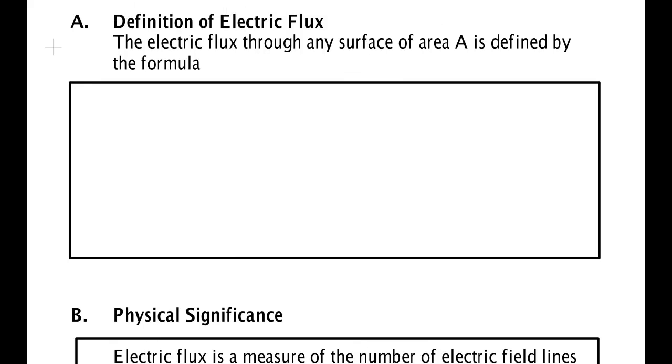It's very similar to the definition we just saw for water flux. The definition, and I'll put an E to remind us we're talking about electric flux, is the electric field, rather than the velocity, dotted again to this area.